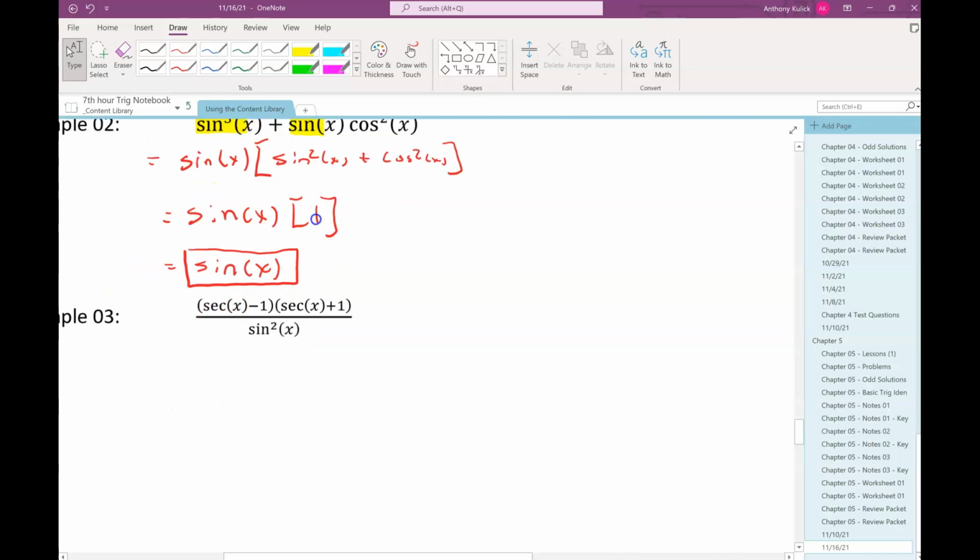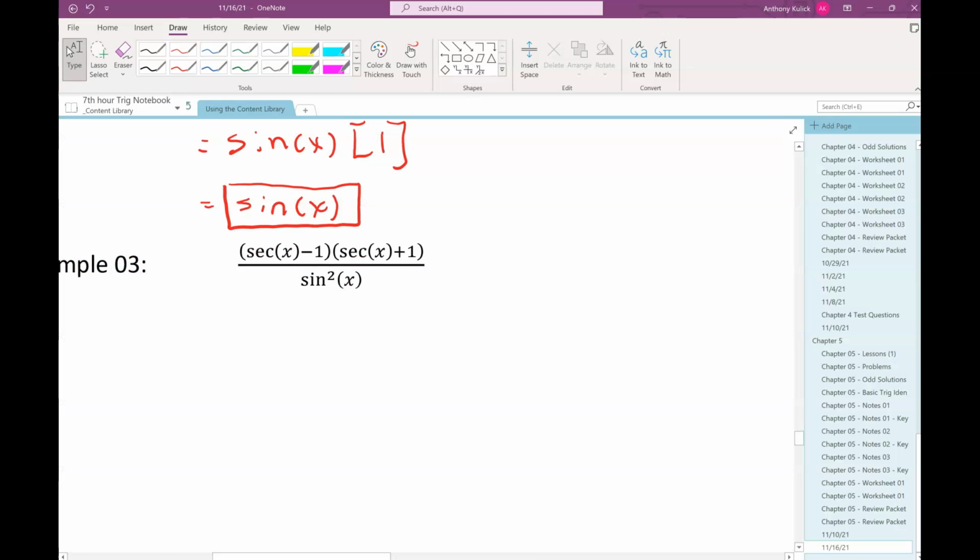Okay. Let's look at this second example here. So we have secant x minus 1 times secant x plus 1 all over sine squared x. Again, I typically start by looking for anything algebraic to do. Yeah, right. We have two binomials plopped next to each other.